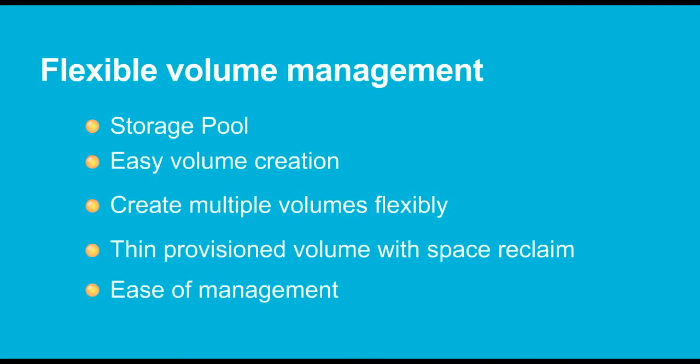QTS 4.0 provides flexible volume management and allocation with the support of Storage Pool. QTS Storage Manager enables you to aggregate multiple RAID groups as a big storage pool for flexible capacity deployment. On each storage pool, you can create multiple volumes. Each volume can be online expanded up to 144 terabytes and features thin provisioning and space reclaim support.